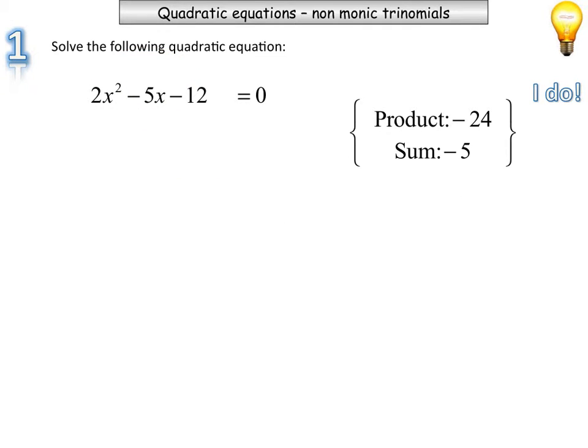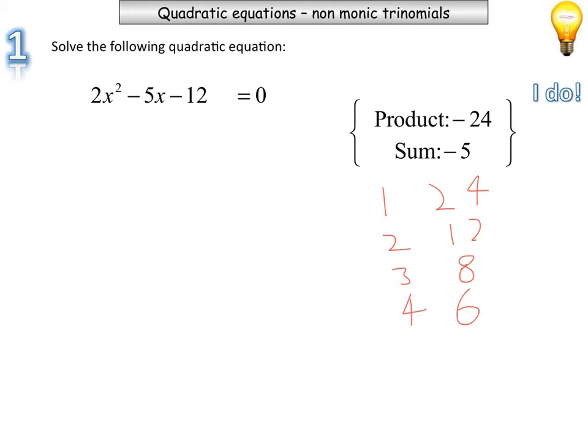So we want 2 numbers that multiply to get negative 24, but add to have negative 5. So looking at the product, we can have a 1 and a 24, 2 and a 12, 3 and an 8, 4 and a 6, not a 5, and then when we get to 6 it reverses, so that's okay. So I'm going to leave it like that for a moment.